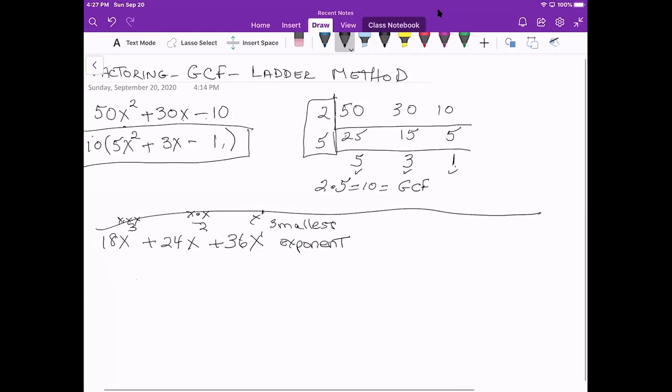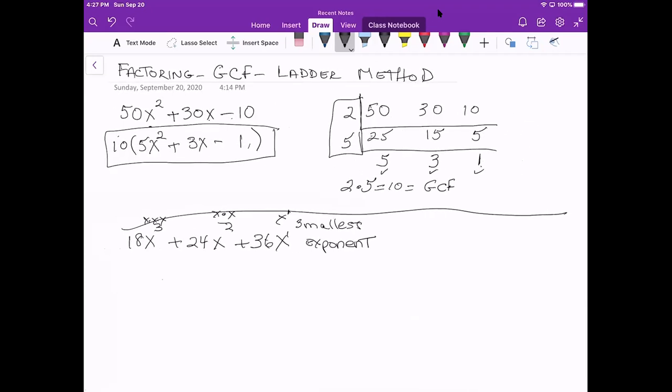So I take out, oops, sorry, I'm just learning how to do this. Take out the smallest exponent. And now I go ahead and look at the coefficients. Well, I'm clueless. We'll do the ladder method. 18, 24, 36. Make your L for your ladder. Well, let's see.